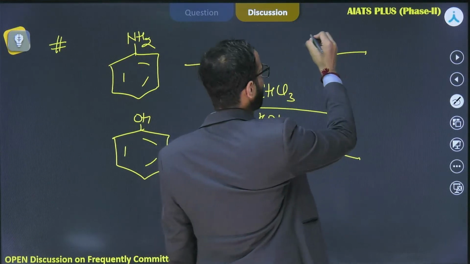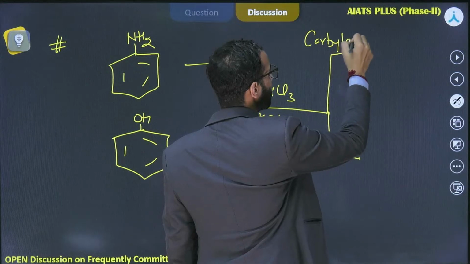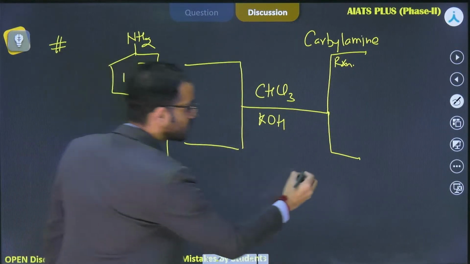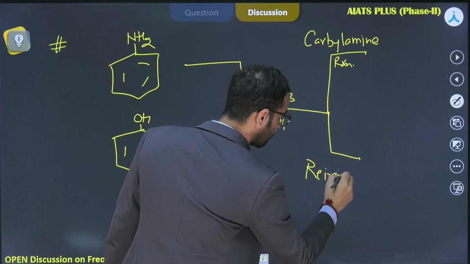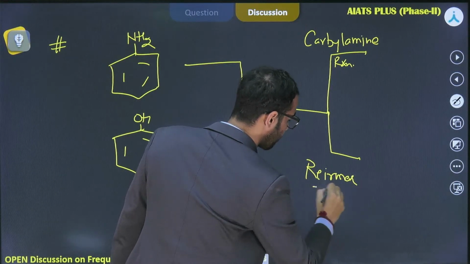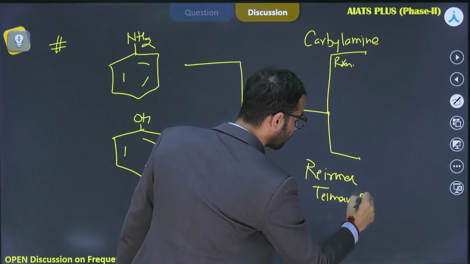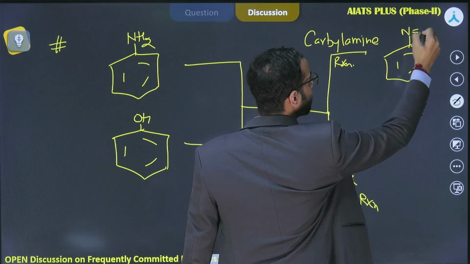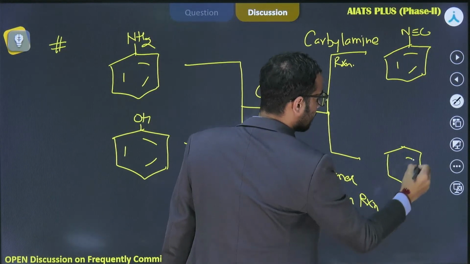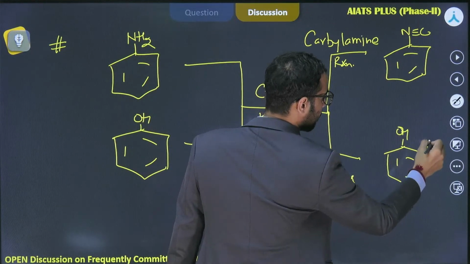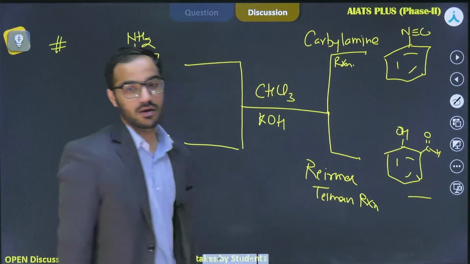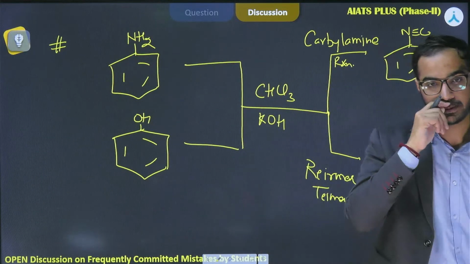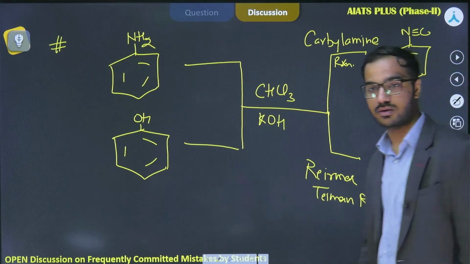The first one is the carbylamine reaction, and in the second, if phenol is reacting with this, you will have the Reimer-Tiemann reaction. And the product here is isocyanide, and here salicylaldehyde. I hope this page will help you in memorizing these concepts. Is it clear, everyone?